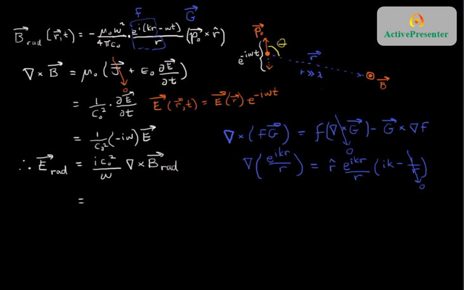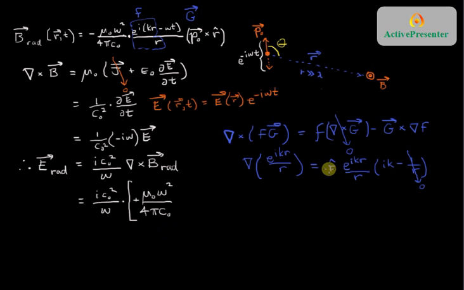Let me write out some terms. We'll start with the i c naught squared over omega. Then I want to write minus G vector. So minus and another minus gives me an overall plus sign. I have mu naught omega squared over 4 pi c naught.